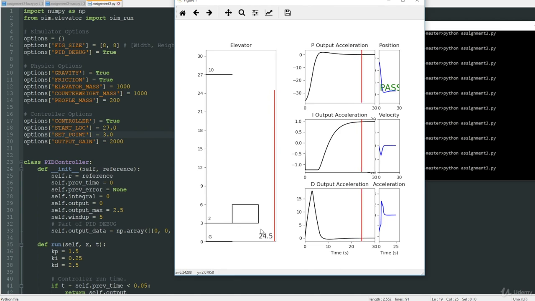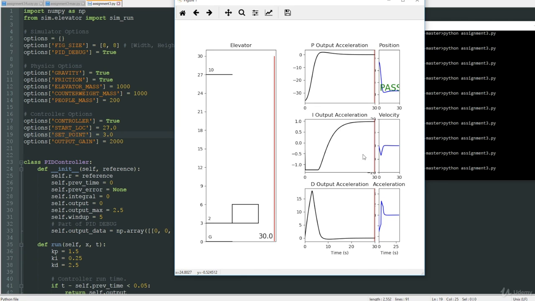So you can see that the controller struggled a lot more with that one, because before, the integrator term had to go from positive 1.25 to 1. Now it has to go from negative 1.25, because remember it's starting at the bottom, and then work all the way back up.